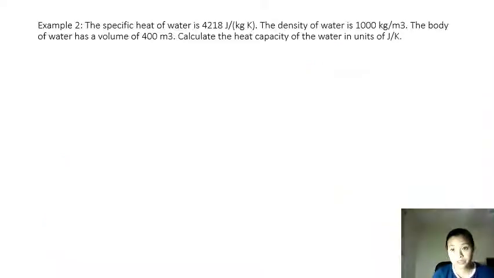So let's do one where I give you a word problem and you need to pick it apart. The specific heat of water is 4,218 joules per kilogram Kelvin. The density of water is 1,000 kilograms per cubic meter. The body of water has a volume of 400 meters cubed. Calculate the heat capacity of the water in units of joules per Kelvin.